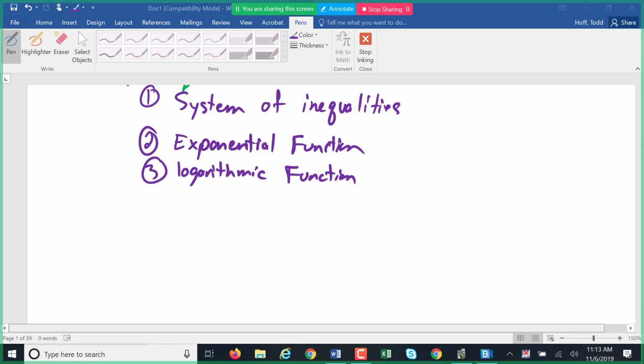Going back way to the beginning, actually, I'm not going to make you graph polynomial functions and rational functions, but you will need to be able to do linear programming to maximize or minimize an objective function.